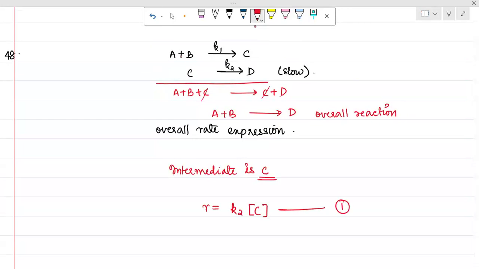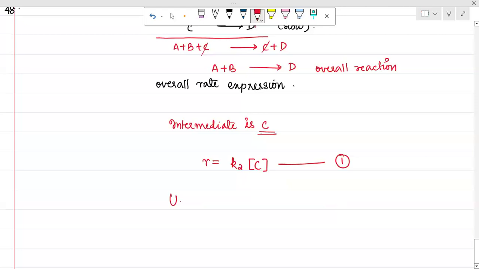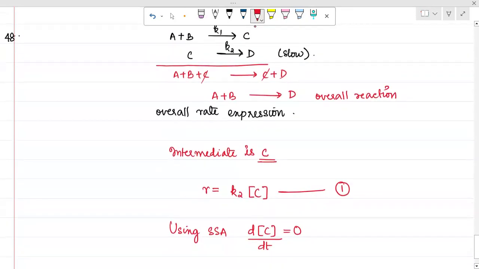Now, as we have to eliminate the presence of any intermediates and there is no equilibrium, you will have to apply SSA. And what is SSA? Using SSA, we know that the change in the concentration of the intermediate with time is equal to 0. So let's find that out.